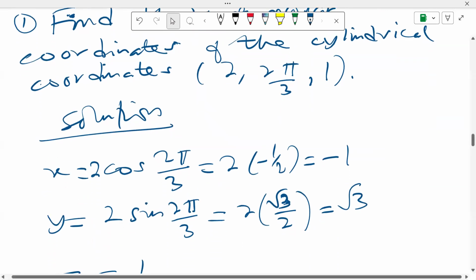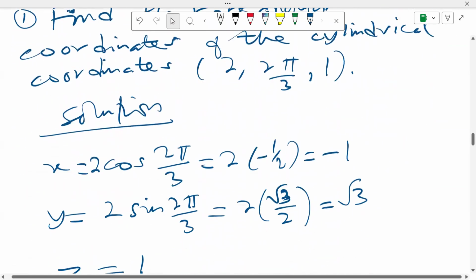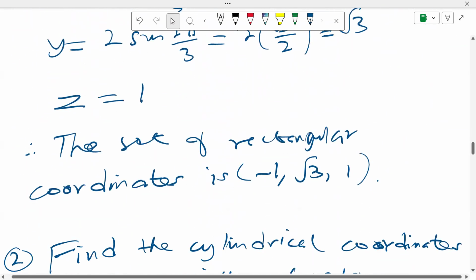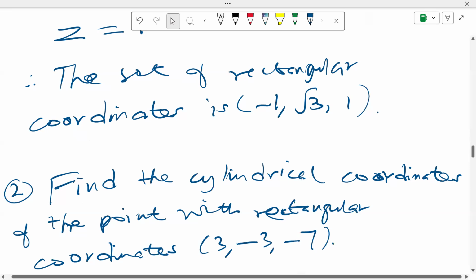Then our y, 2 sine 2 pi on 3, will give us 2 times root 3 on 2, that is root 3. Our z from the question is also 1. And so the set of rectangular coordinates is negative 1, root 3, and then 1.